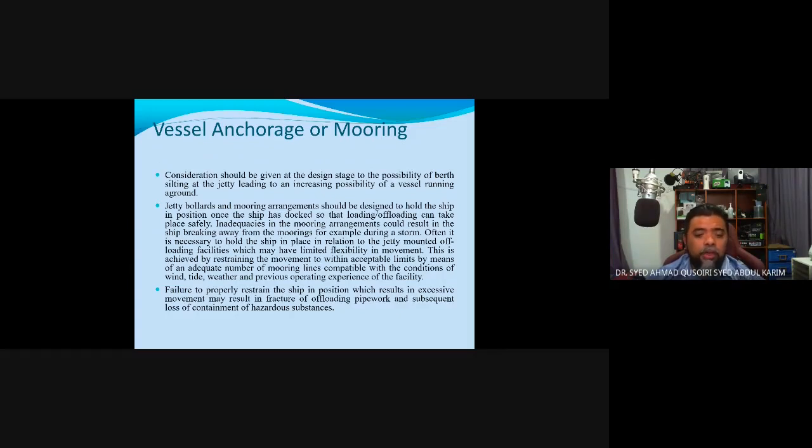So the mooring points for the mooring lines between the jetty and the ship should be adequate to secure the ship to the jetty in whichever type of condition. Failure to restrain the ship will result in excessive movement. This can damage the pipework, damage the jetty, and may release hazardous substances to the sea.